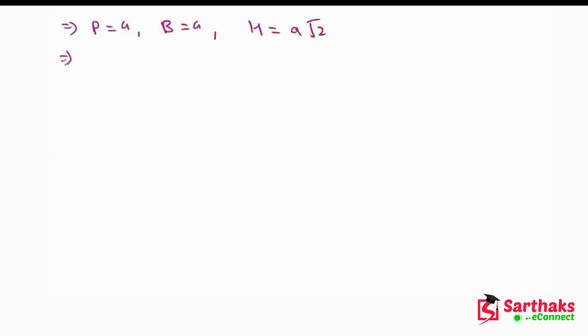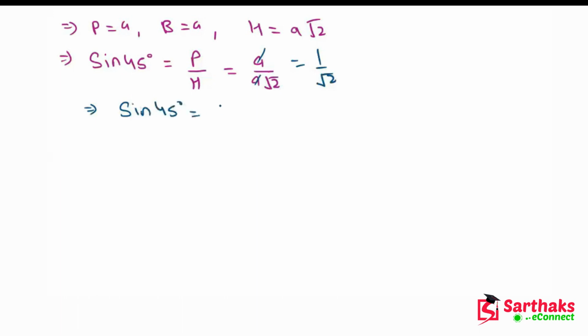Now first of all we have to find the value of sine 45, which is perpendicular upon hypotenuse. The perpendicular is A and the hypotenuse is A root 2, so it becomes 1 upon root 2. So sine 45 is 1 upon root 2.